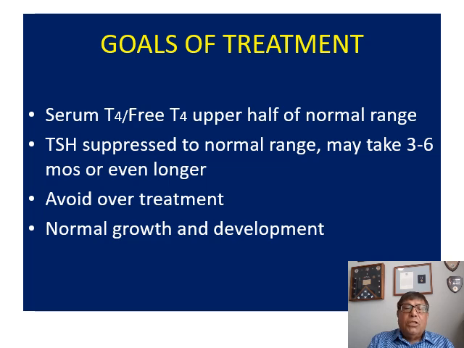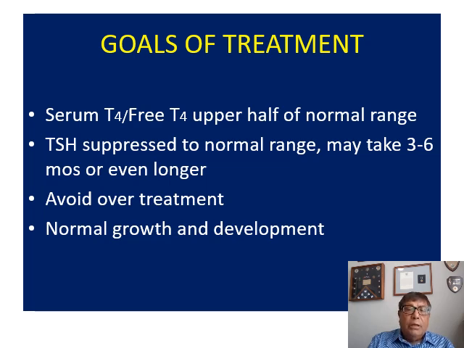It may take about 3 months to get that TSH down, but there is no hurry, as long as you're giving the dose, and in some cases it might even be longer. The literature has shown that in some babies with very adequate treatment, the TSH resistant phenomenon can actually last 6 months to even 1 year.